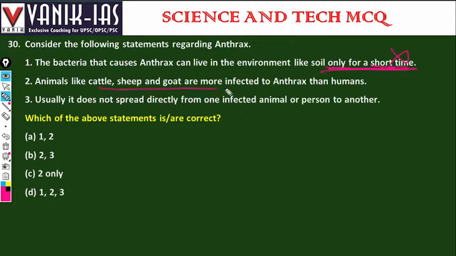Animals like cattle, sheep and goats are more infected by anthrax than humans. Yes, this is right. It usually doesn't spread directly from one infected animal to another. Yes, but it can spread by spores. So options 1, 2 and 3 are right.